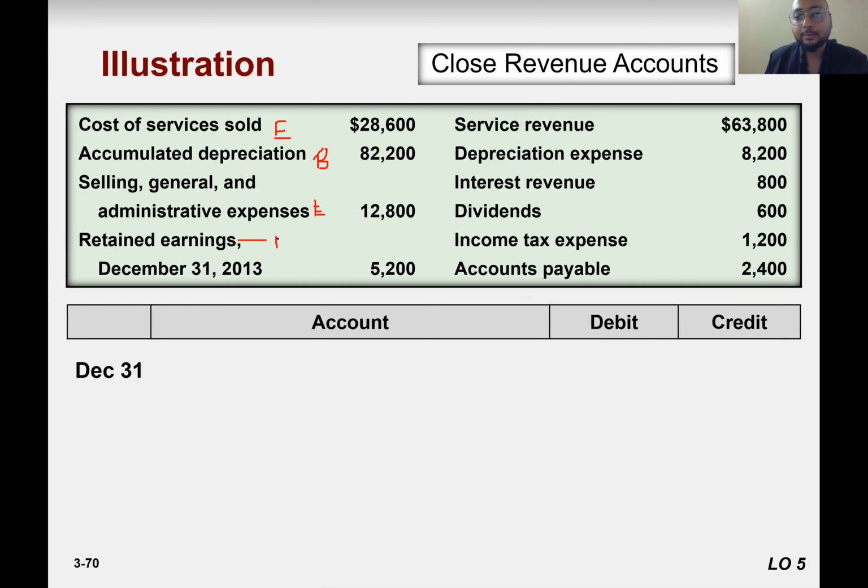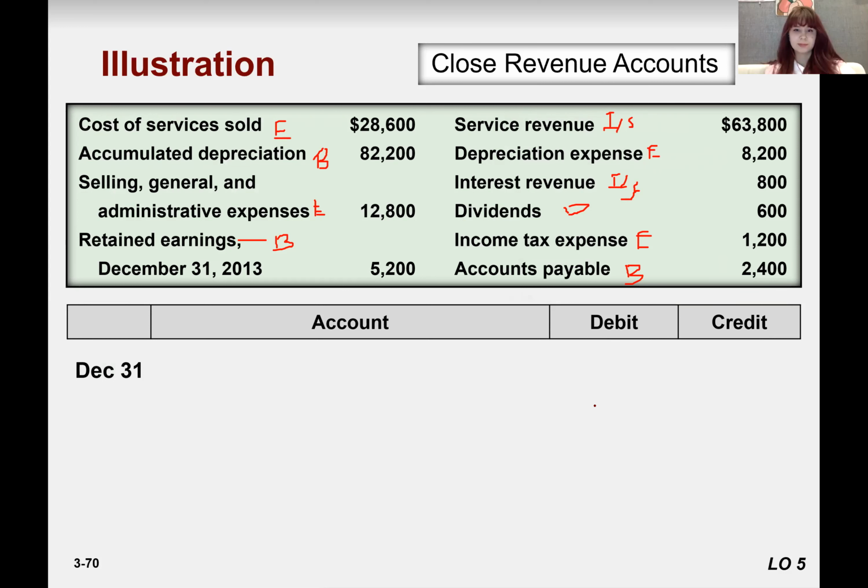Retained earning, balance sheet item. Service revenue, yes, this is income statement. Depreciation expense, income statement item. Interest revenue, yes, income statement item. Dividend, this is the third book that we need to close. Internet expense, and accounts payable is a balance sheet item.